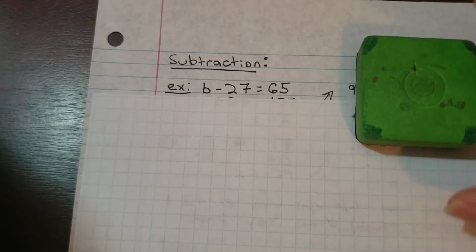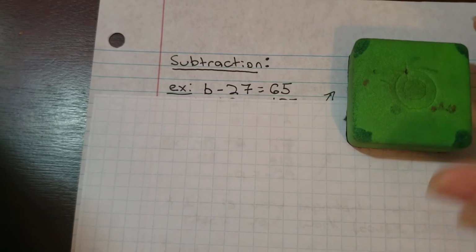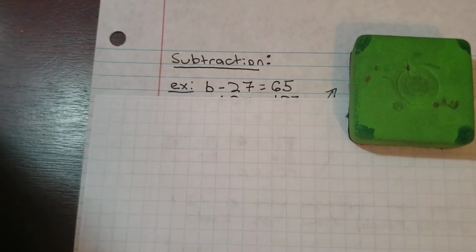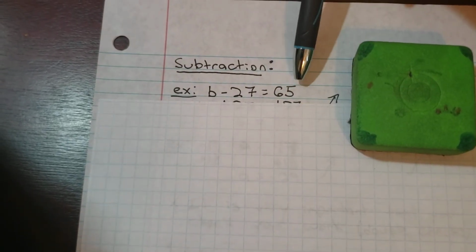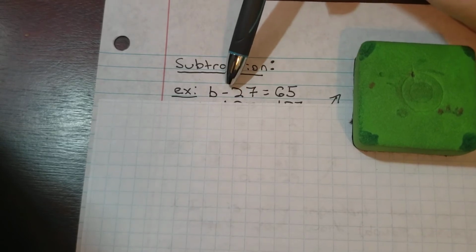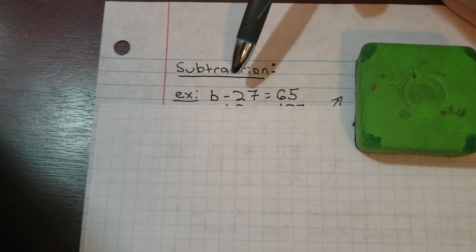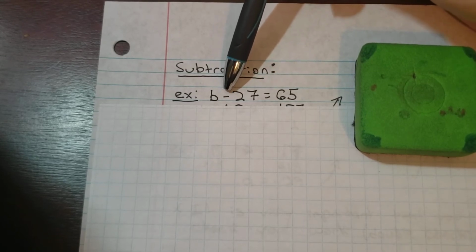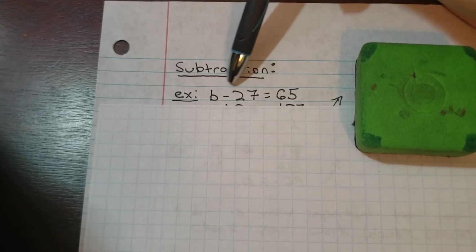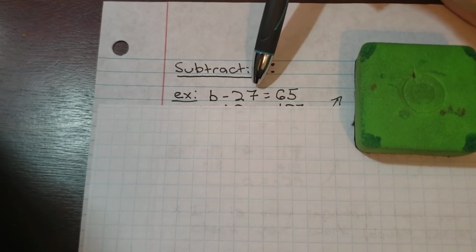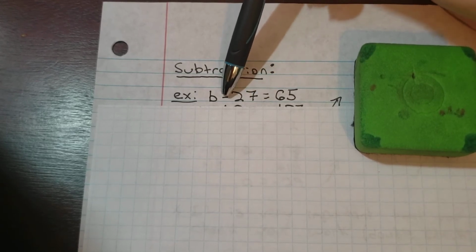Okay. So my first example is b minus 27 equals 65. Well, I want to isolate my variable, and in order to do that, I must do the opposite operation here. Okay. Well, the opposite operation of subtraction is addition.